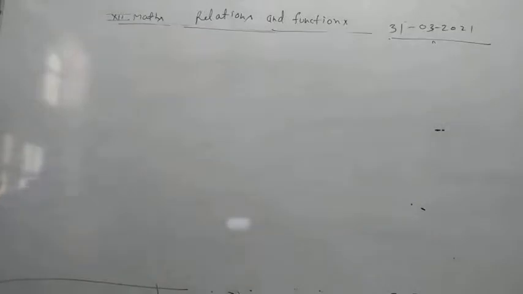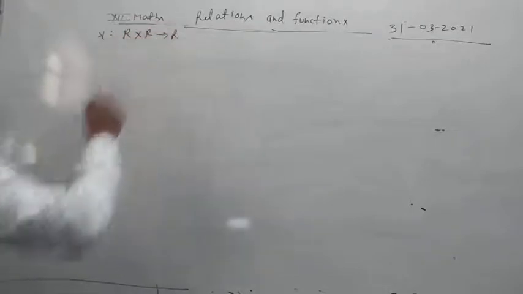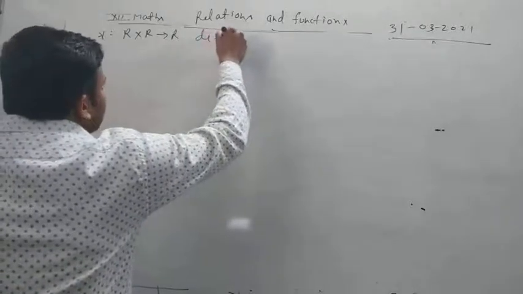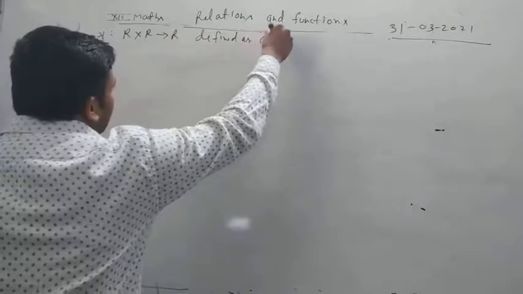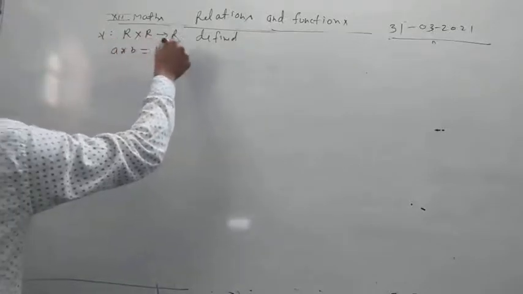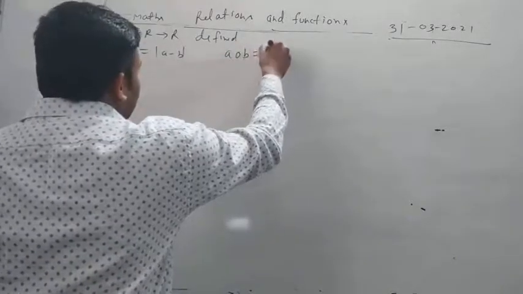Next question, students. Consider a binary operation star from R cross R to R, defined as a star b is equal to mod a minus b, and a operation b is equal to a.